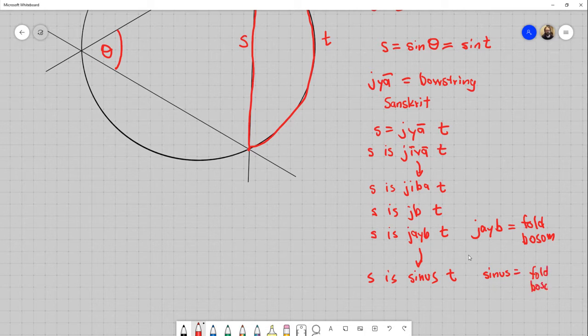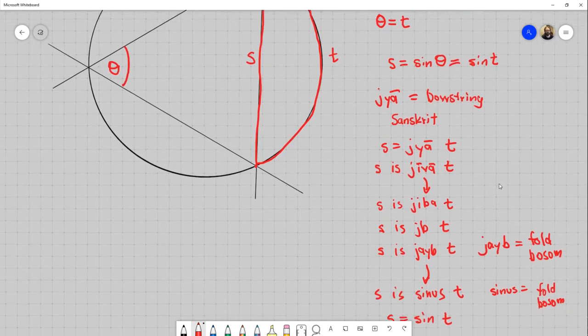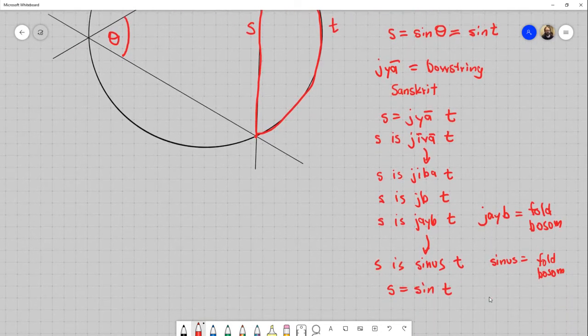And a lot of mathematics in Europe back in the day was done using Latin. And now it's just a quick bit of saying, oh, S equals sine t. Replace the is with an equal sign, shorten sinus to sine. That's why the name is what it is.